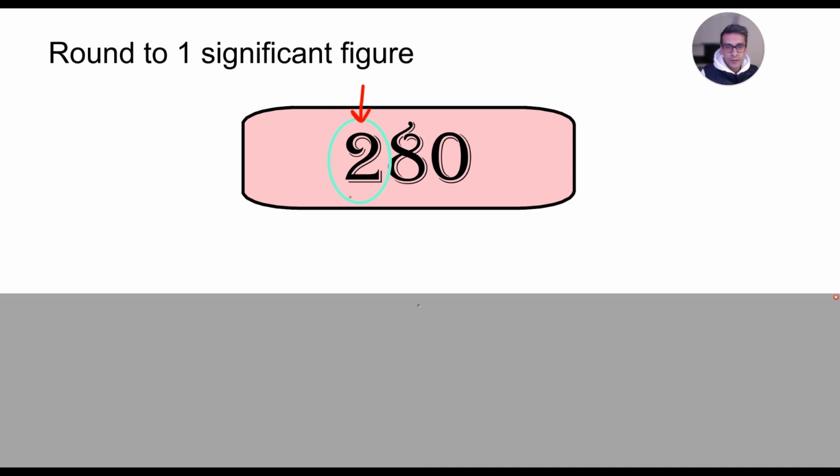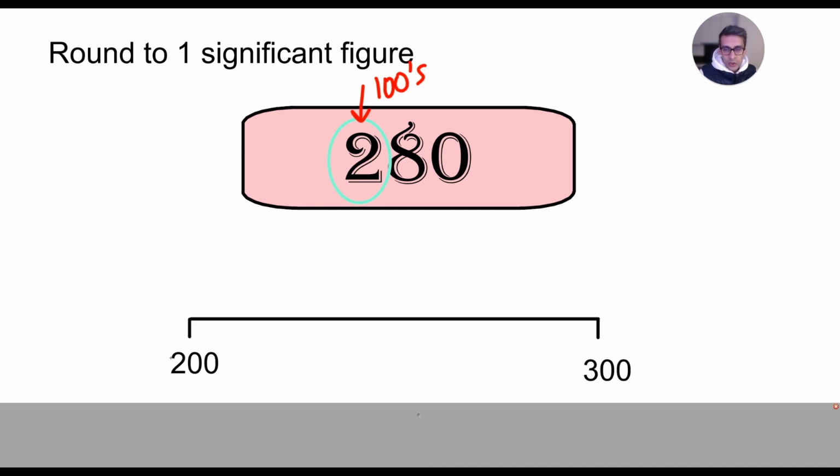So hopefully you figured out the 2 is in the hundreds column. So we're rounding to the nearest 100. So 100, 200, 300, 400, etc. In this case, 280 is closer to 300 than it is to 200. You can draw a number line like this if it helps you. I sometimes will, but generally if you're confident without it, that's fine as well.